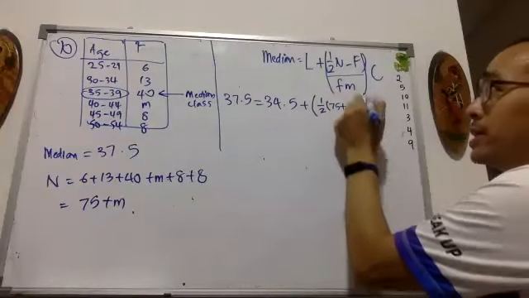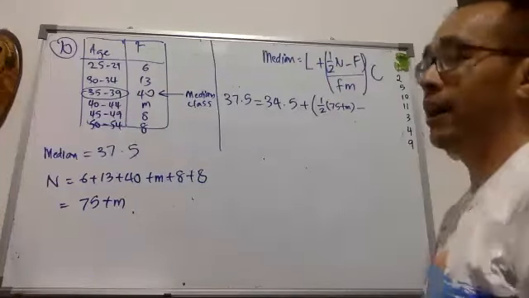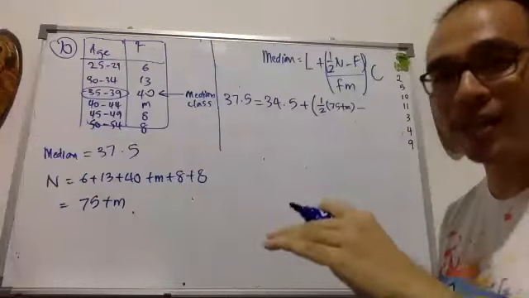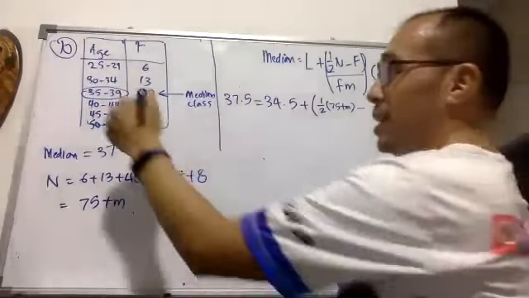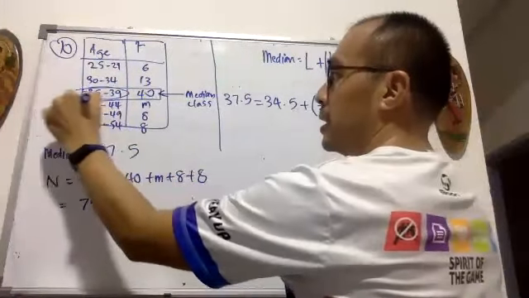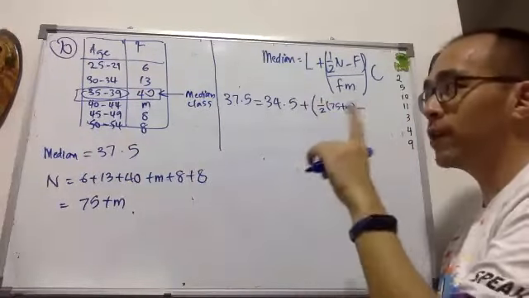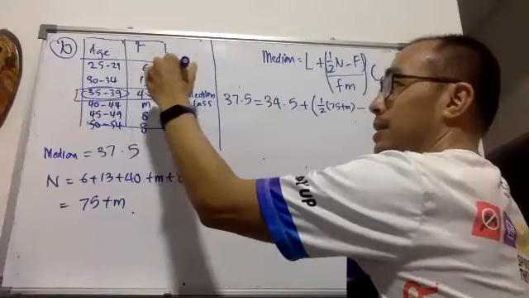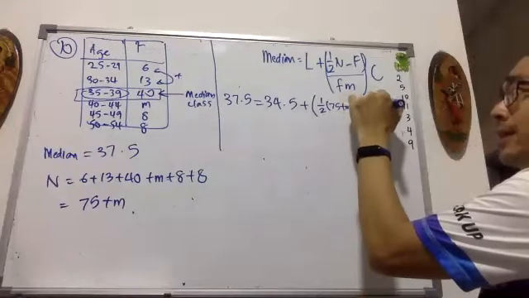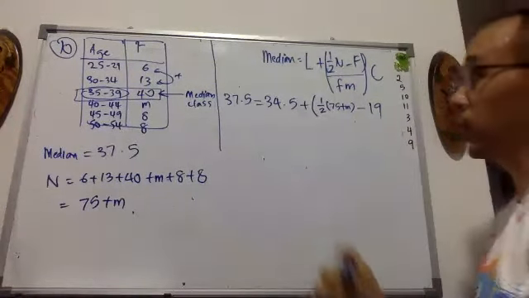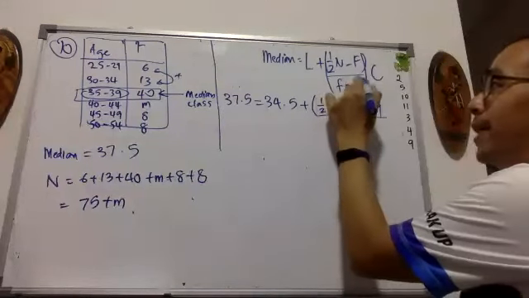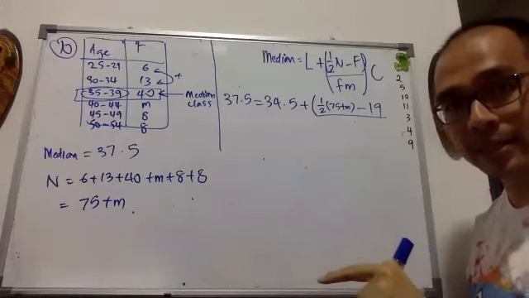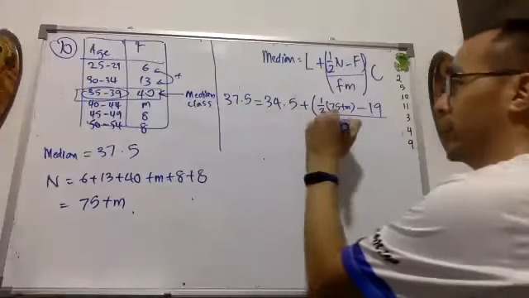Minus F, where F is the cumulative frequency before the median class. This is the median class, and the cumulative frequency before it is 13 plus 6, which is 19. Over Fm, the frequency of the median class, which is 40.